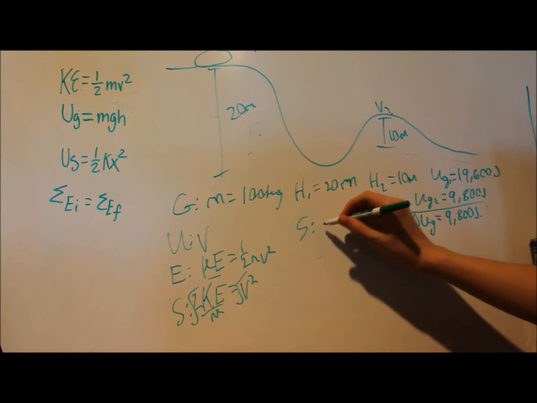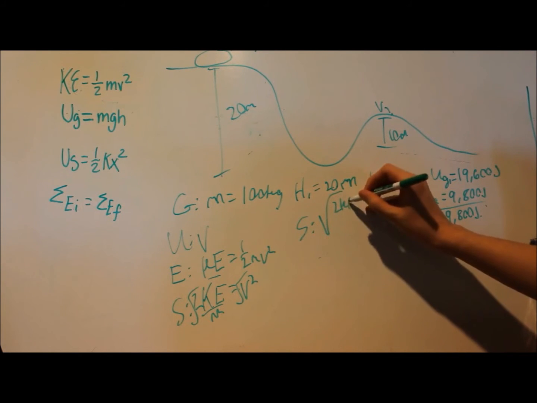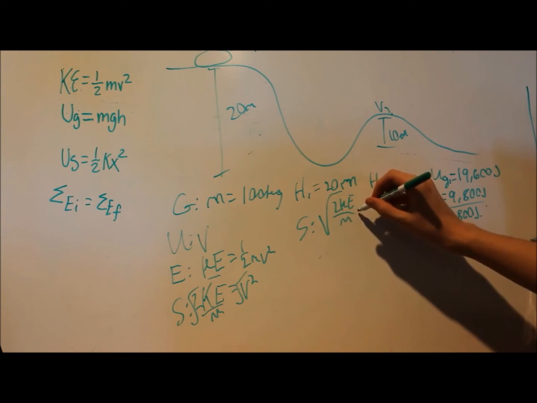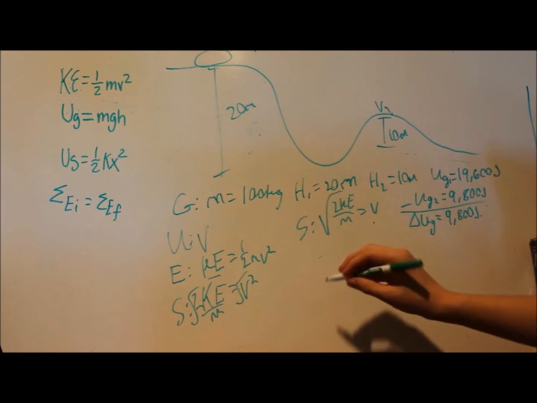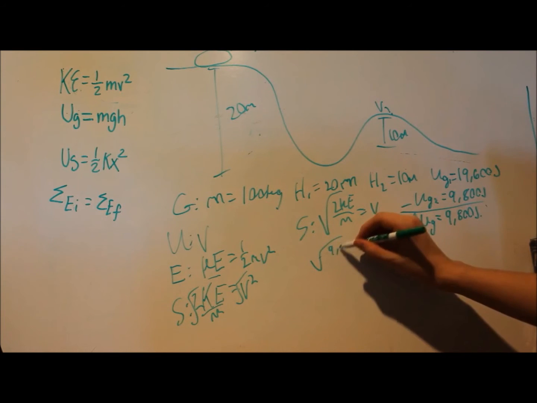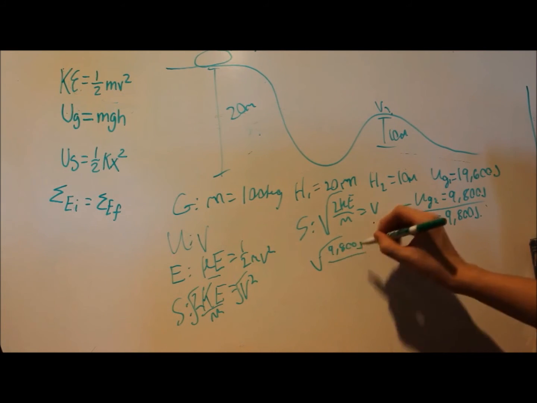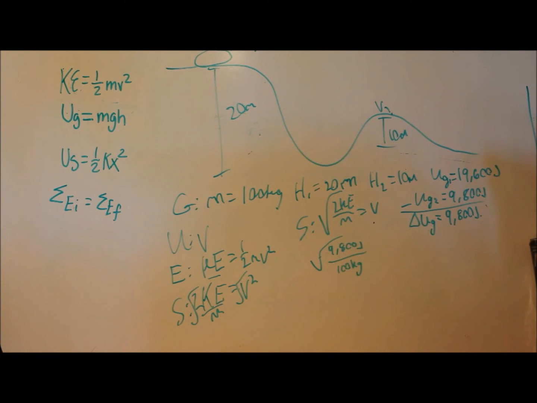So our equation is then the square root of 2KE over m is equal to velocity. And we simply plug in the numbers, 9,800 joules, 100 kilograms, and we plug that into the calculator.